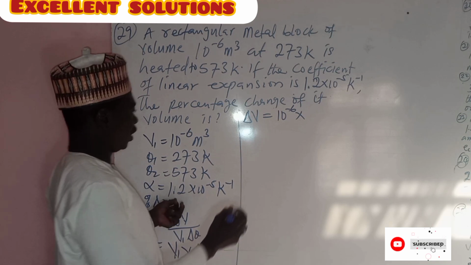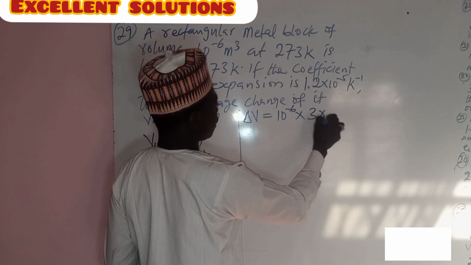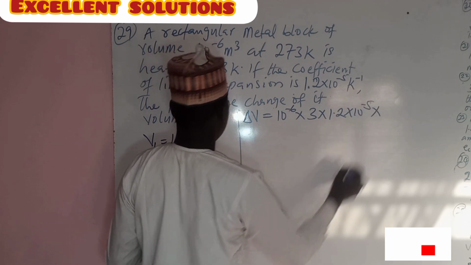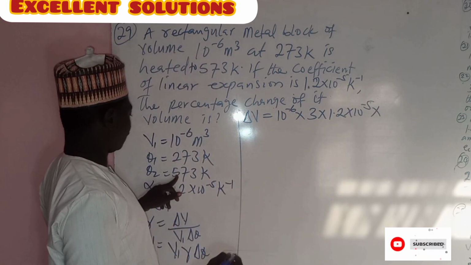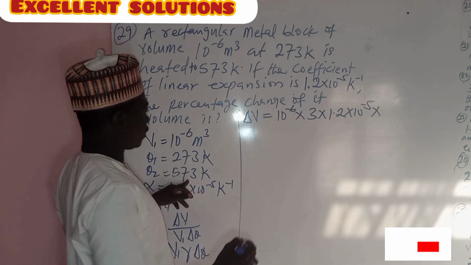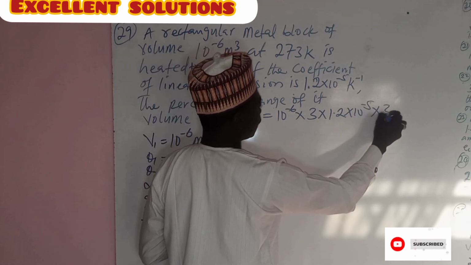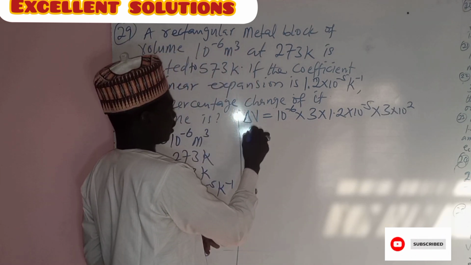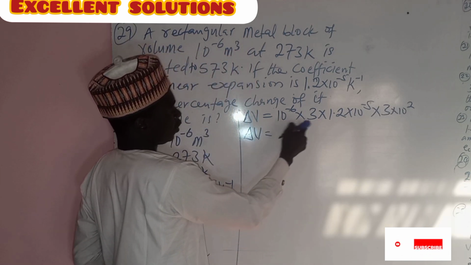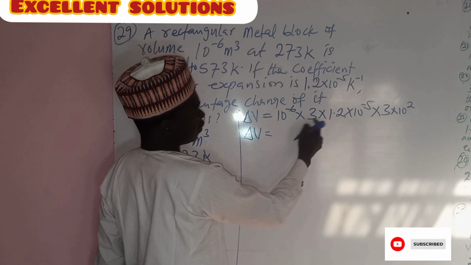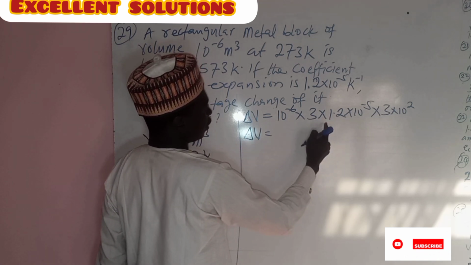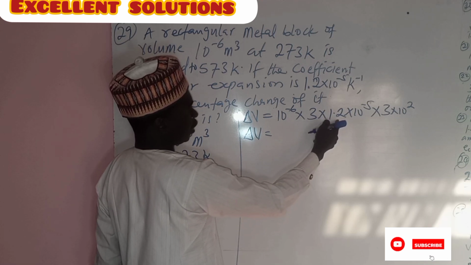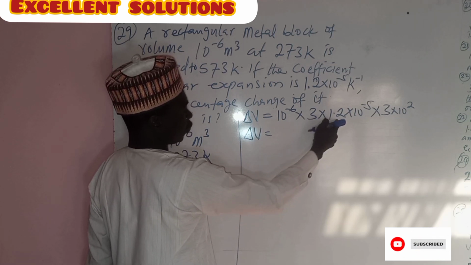Gamma is equal to 3 alpha. So this is 3 times 1.2 exponential minus 5 times our delta theta. 573 minus 273 is 300, is the same as 3 exponential 2. So delta V equals, this is now 3 times 3 we have 9, 9 times 1 we have 9, 9 times 2 is 18, so this gives us 0.18.